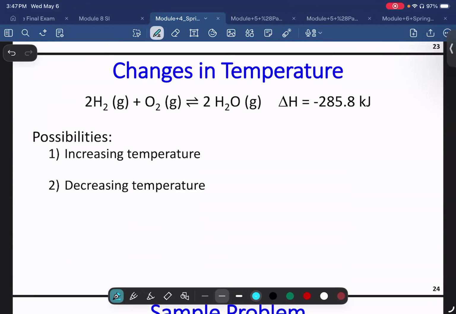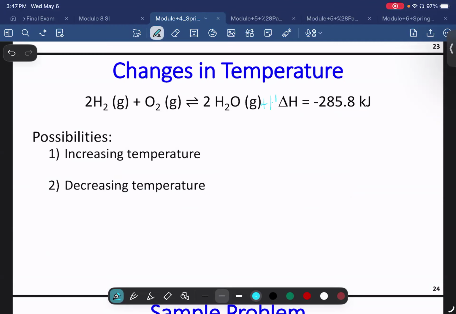Changes in temperature. So now you have to deal with delta H. Instead of giving you delta H, they could say that this reaction is exothermic or endothermic. I believe we talked about this last semester a bit, but exothermic, you release energy, endothermic, you absorb energy. In this case, delta H is negative, so you're releasing energy in the products.